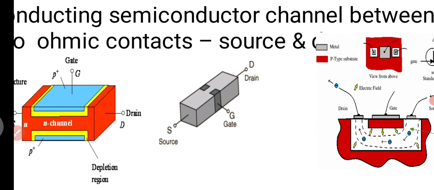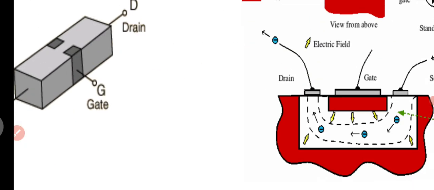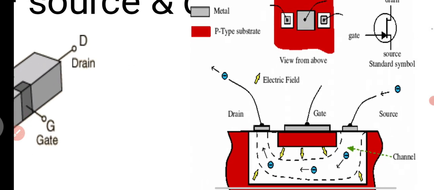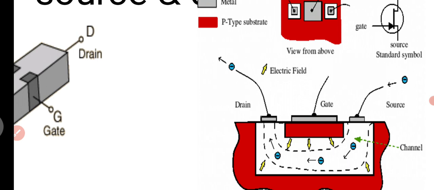So the face looks like this, that is source, drain and gate. These are the three terminals. Here we are using the cross sectional view of a transistor, that is the FET. So we can create drain, gate and source. In between, we can create a channel.